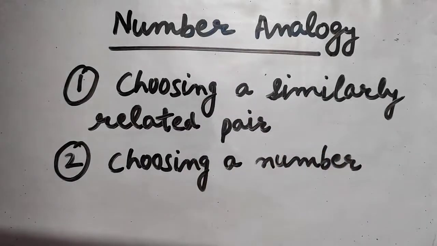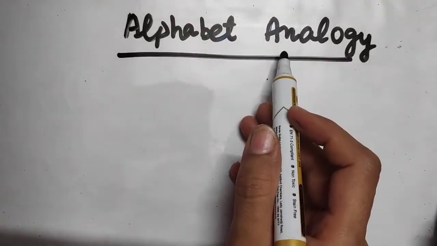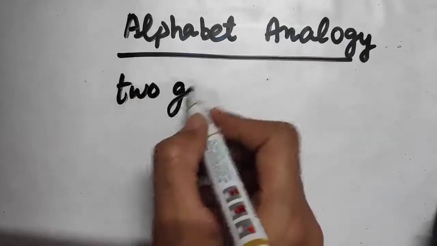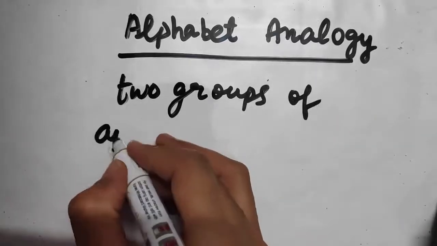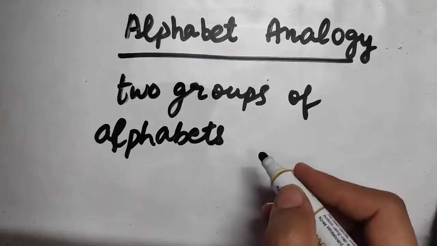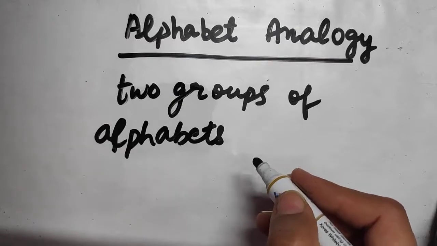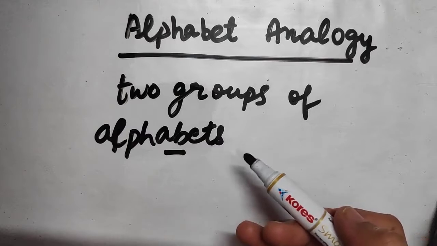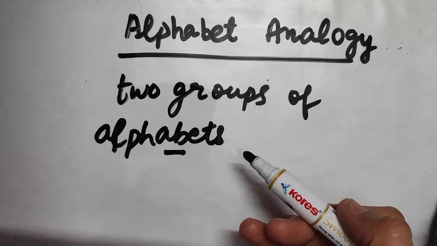Let us talk about now alphabet analogy. In alphabet analogy, in these types of questions, two groups of alphabets related to each other in the same way are given, and we are supposed to find out this relationship and choose a group of alphabets which is related in the same way to the third group provided in the question.